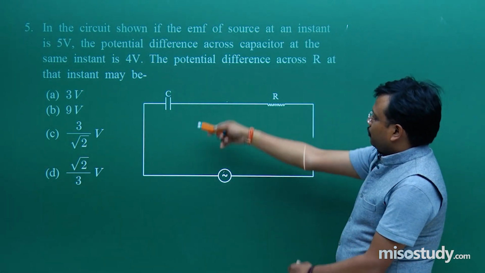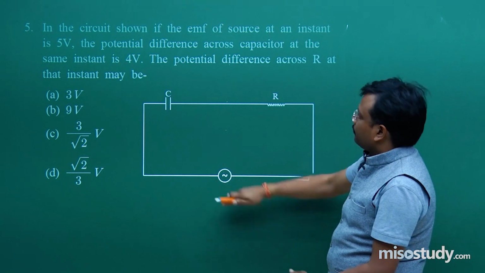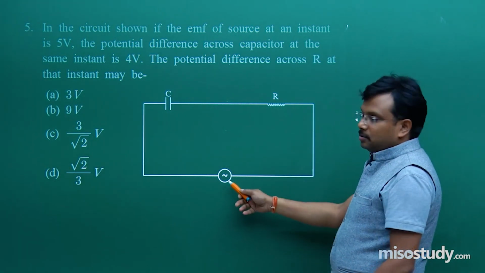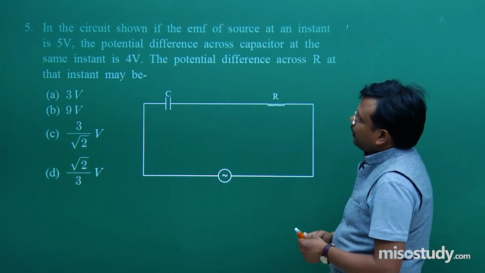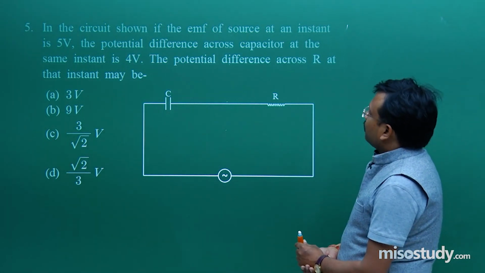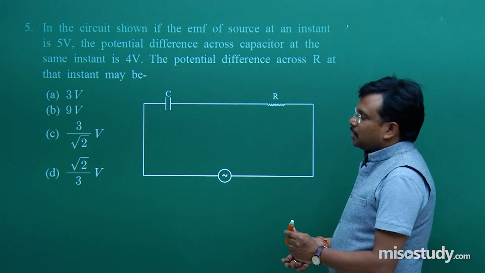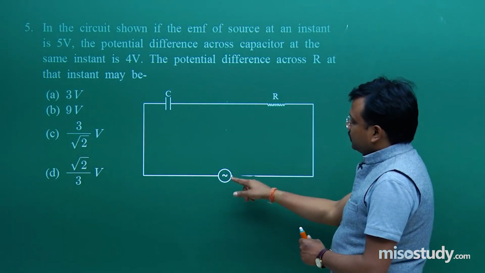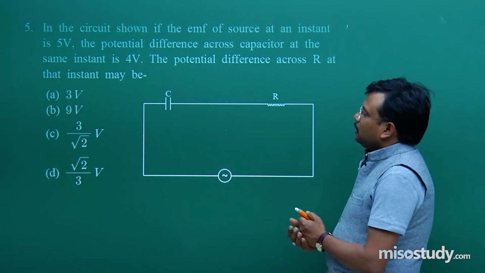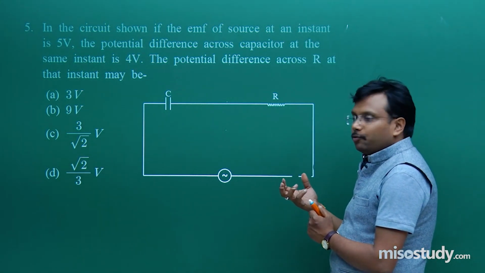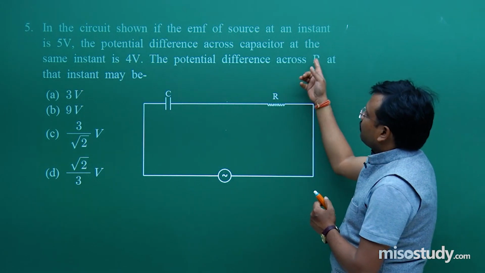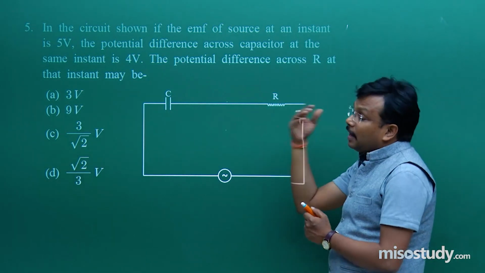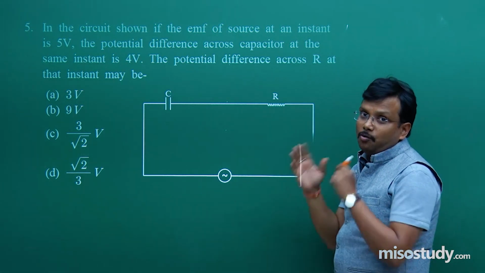In the circuit shown, if the EMF of source at an instant is 5 volt, the potential difference across capacitor at the same instant is 4 volt. So when the instant applied voltage is 5 volt, then capacitor has voltage this much. The potential difference across resistor at that particular instant is how much?